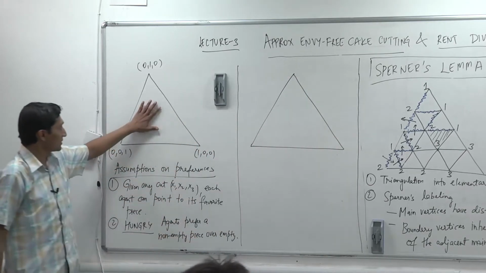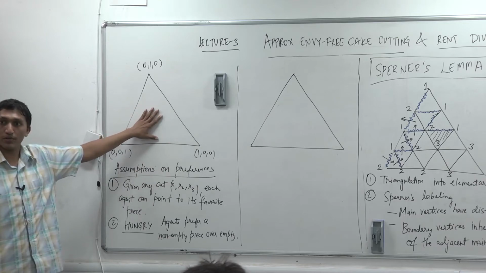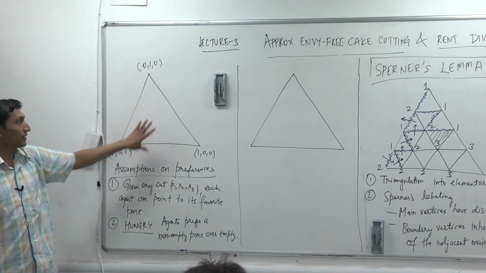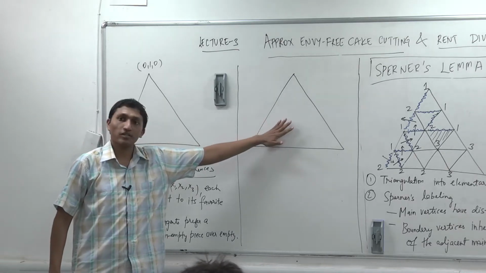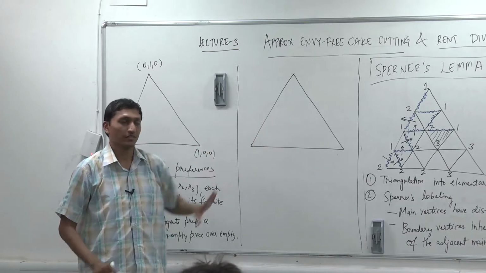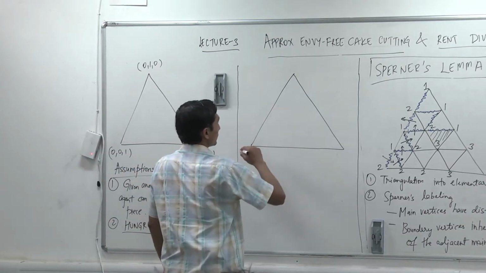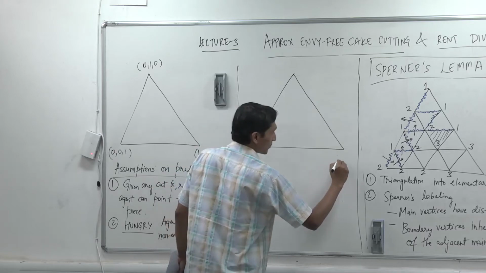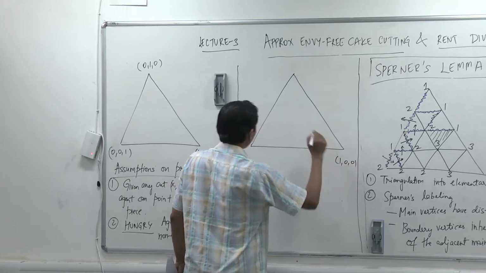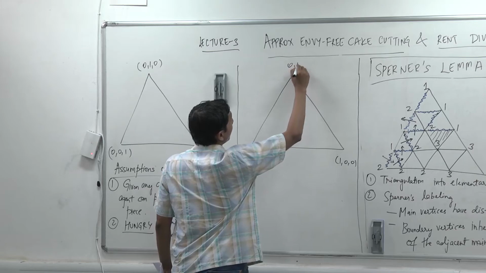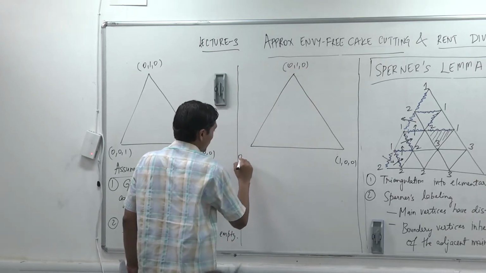Note that this is the triangle on which we are going to invoke Sperner's lemma, but there's a side copy I need to do something else. Again, these correspond to 1, 0, 0; 0, 1, 0; 0, 0, 1.